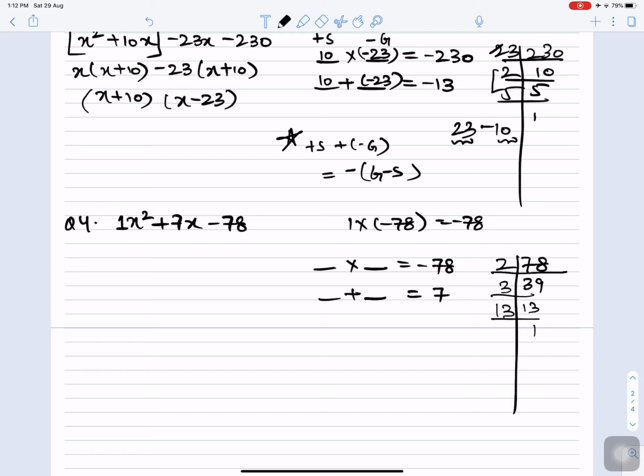Correct? Now, in multiplication, I want a negative sign, and a negative sign appears when we have different signs. It means one has to be positive, another has to be negative. But my answer comes out to be positive. It means the positive number should be the greater number.